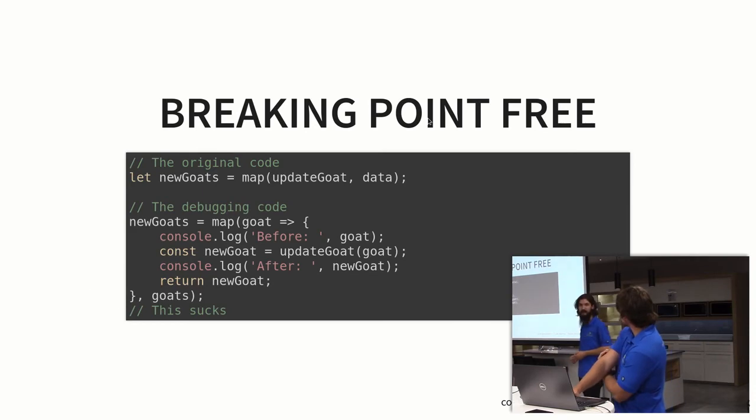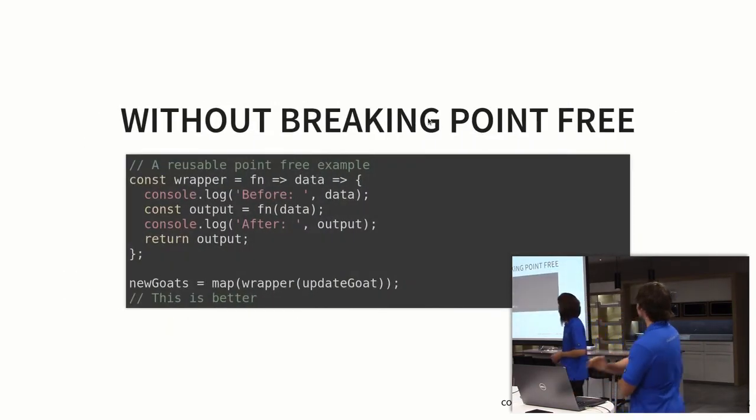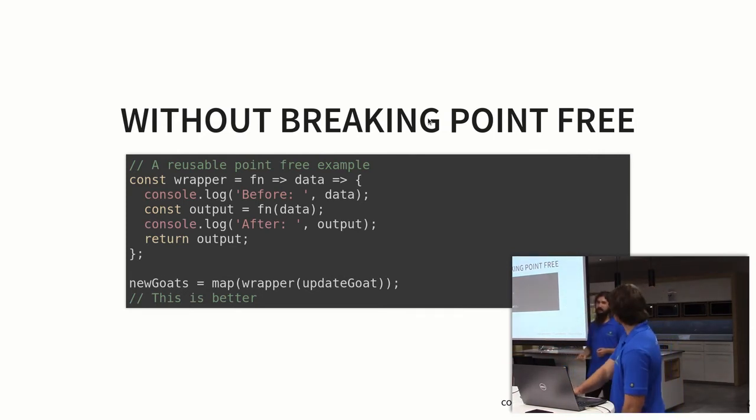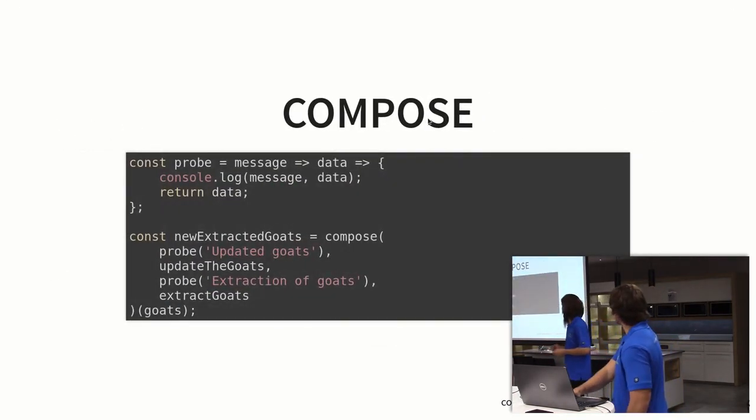Then we go to our next example where we have a little wrapper function that takes in this function and then returns a new function for the data, and then we just do the same thing basically. This is better, but it's still difficult to remove one of these functions. So the way I prefer to do my debugging is by bringing in a compose pipeline basically.